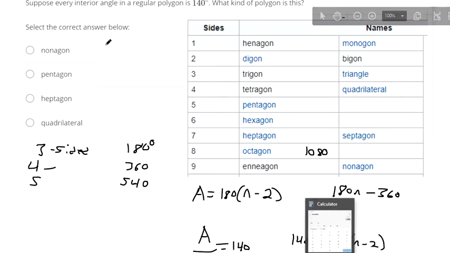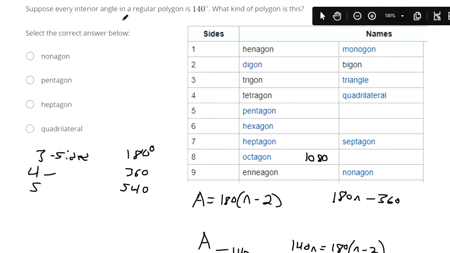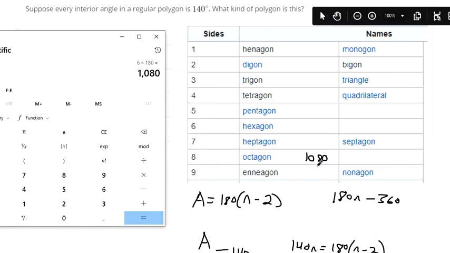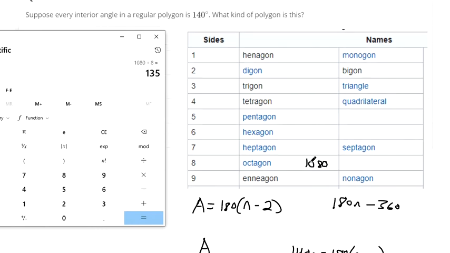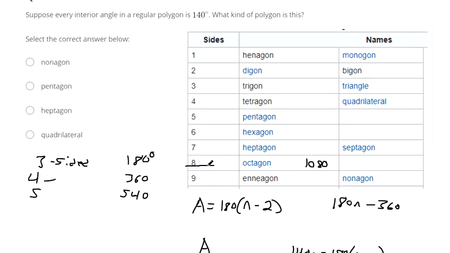Suppose every interior angle in a regular polygon is 140 degrees. That means we should be able to take the total of the angles, divide by the number of sides, and it should make 140. So this one was ruled out because if it's a regular polygon, each angle is the same. So in an octagon, every angle is 135 degrees.